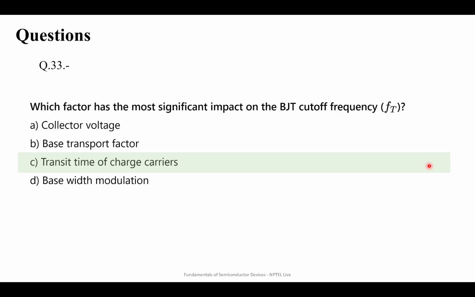The higher your transit time, the lesser your cutoff frequency would be. So you want your transit time to be as low as possible. Transit time depends on multiple factors such as your base emitter junction, your recombination rate in your base, and your base collector junction.